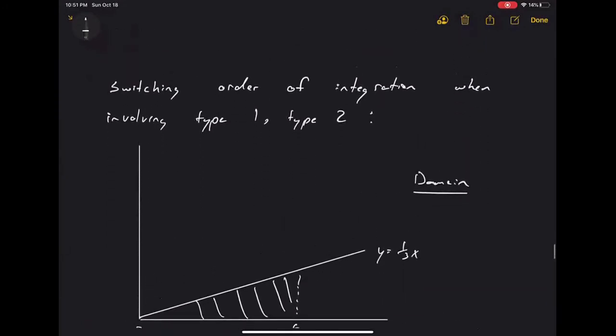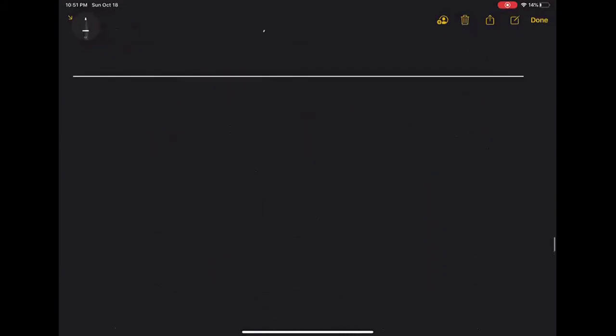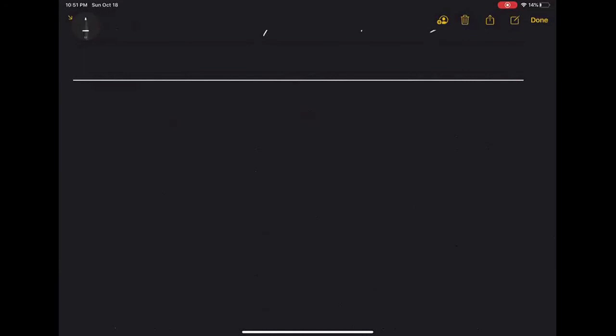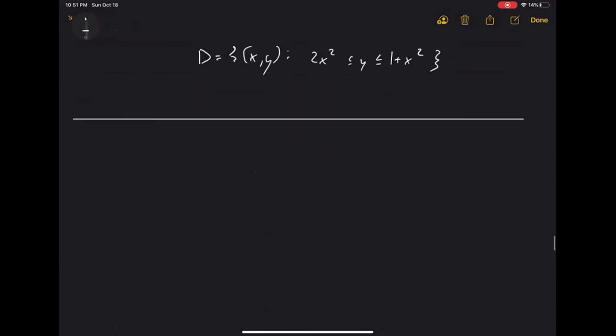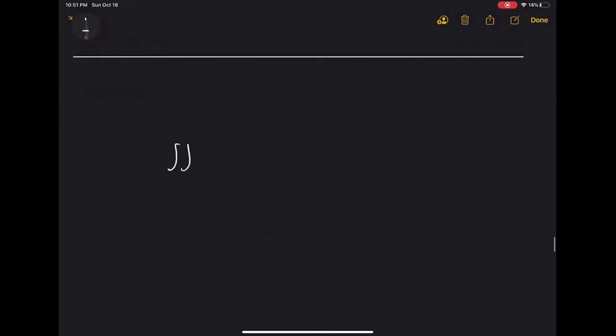So once we know how to set up these integrals, maybe we want to know if we can switch the bounds of integration. In section 15.1, when we had these functions of x and y, remember we talked about Fubini's theorem and how it allowed us to switch the order of integration.